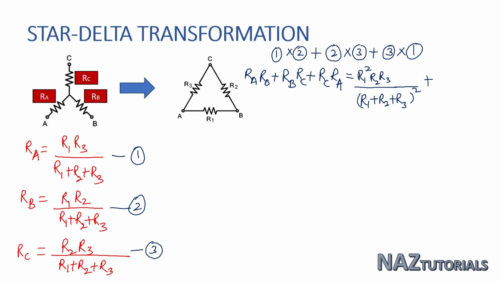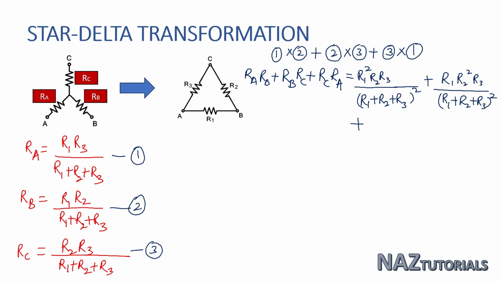Now see 2 into 3. If you see 2 into 3, you will get R1 R2 square R3 divided by (R1 plus R2 plus R3) whole square.